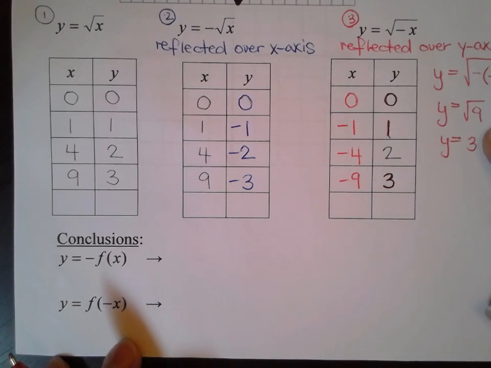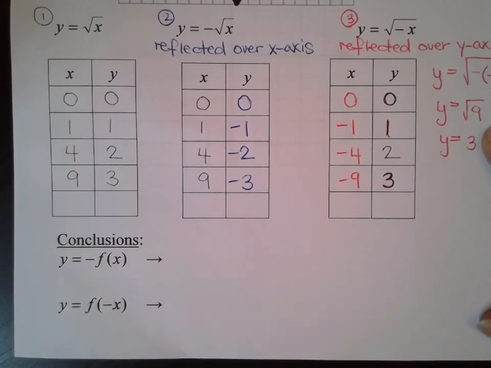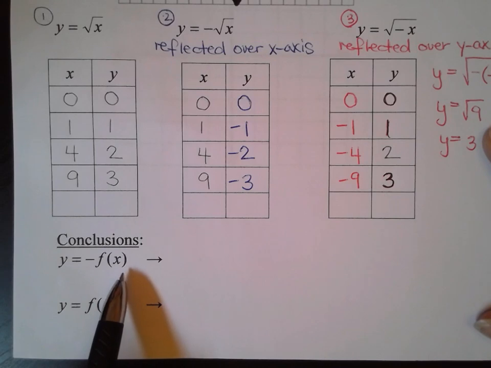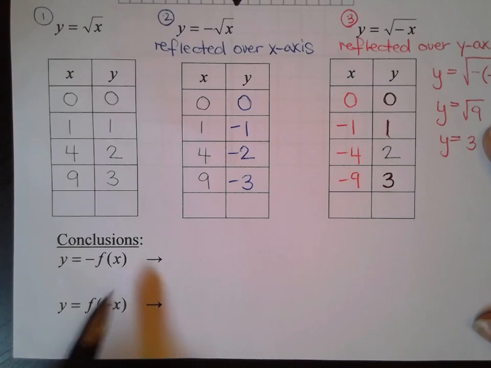If you wanted to write that down sort of in a more general way, use f of x as your function. F of x could be any of these basic graphs that we've looked at, right? I used the square root of x here, but you could use the x squared, x cubed, any of those, cube root, okay?